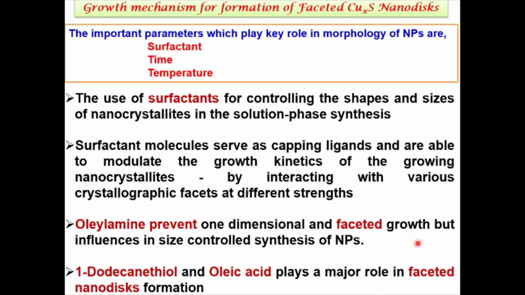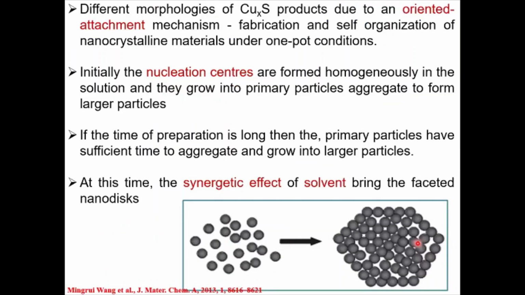The surfactants control the shape and size in the solution phase synthesis. Oleylamine, when used, prevents the faceted growth and influences the size control. 1-dodecanethiol and oleic acid evolve the facets, unlike oleylamine, and give you nanodisks. So the overall kinetics of the evolution of size and shape vary with surfactants, and with time you can control the agglomeration, and temperature.